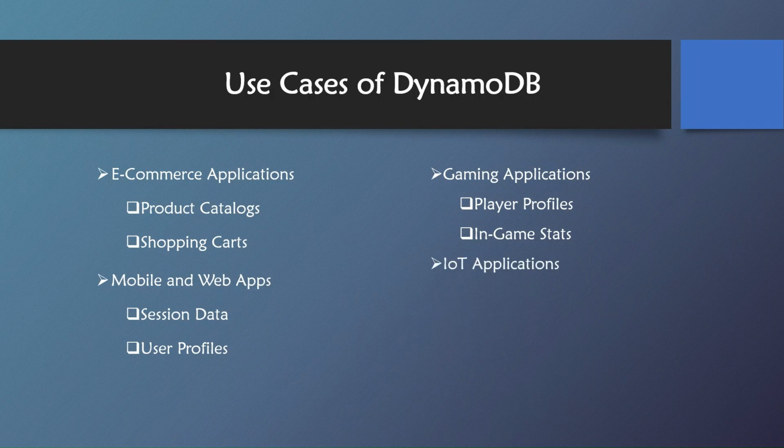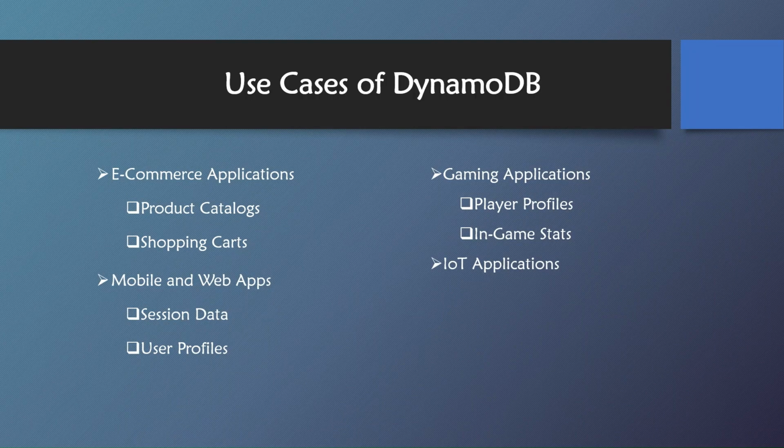So the last use case we have is IoT applications. In this we can see real-time data from IoT devices. DynamoDB is perfect for storing and processing real-time data generated by IoT devices. It can handle vast amounts of data from sensors, devices, and connected objects, ensuring scalability to manage the growth of IoT networks.